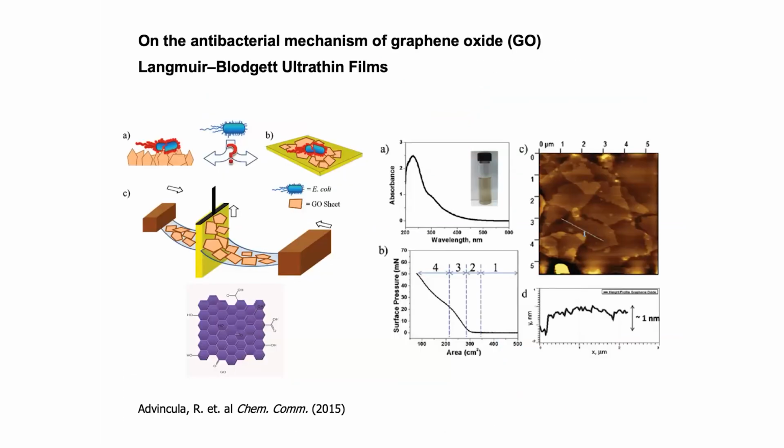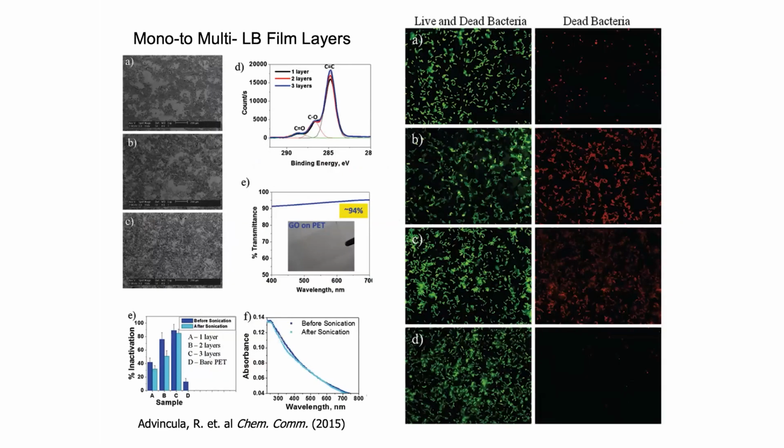Now, to test the presence of graphene oxide in higher quantities on surfaces, we deposited this graphene oxide using Langmuir-Blodgett film to produce 1 layer, 2 layers, and 3 layers. This assay, similar to the previous one with the live and dead cell assay, showed high toxicity with higher concentration of graphene oxide in 3 layers.